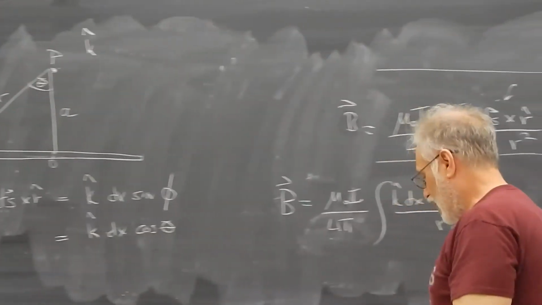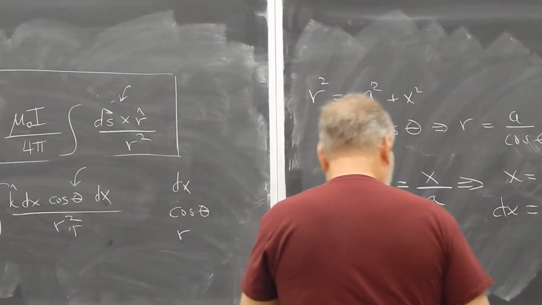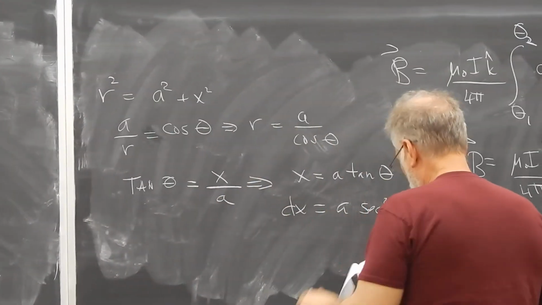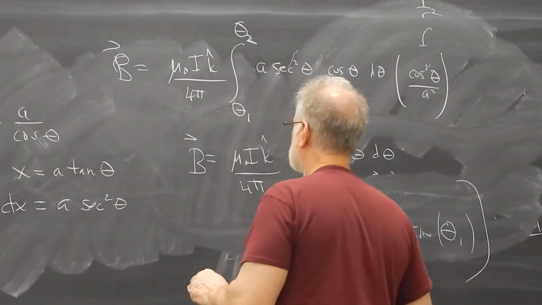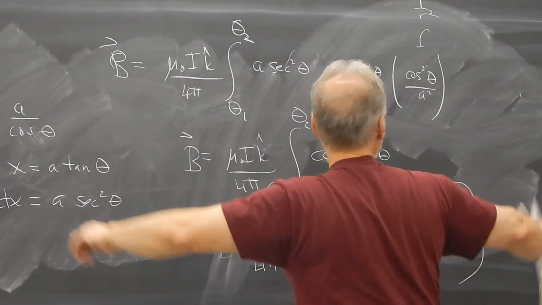And so that's the expression for the value of the magnetic field at point P due to this long current-carrying wire. We can do a special case of this where we let theta 1 be 0 and theta 2 be pi. So in other words, an infinitely long wire.